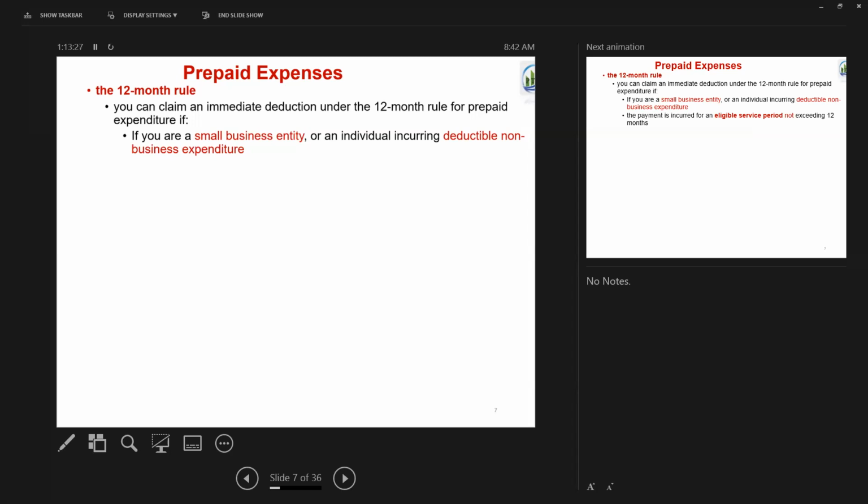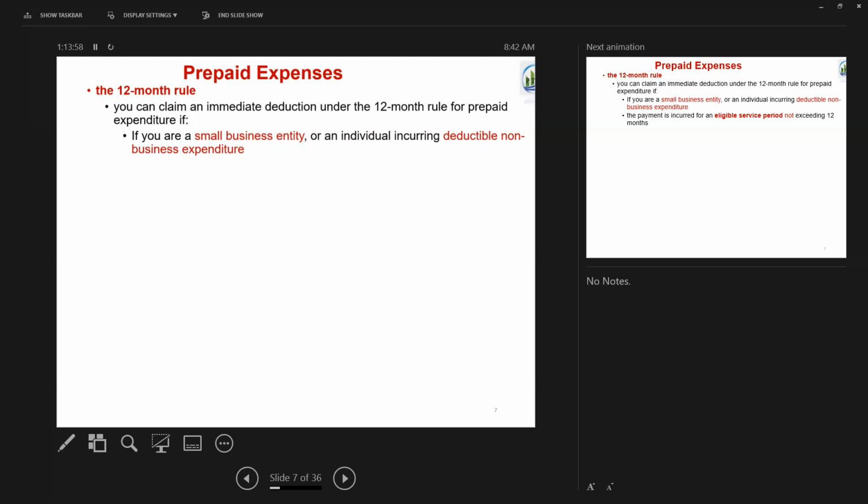Second part, an individual incurring deductible non-business expenditure. Non-business expenditure means you are an employee or you are an investment property owner. What are the expenses deductible? You remember last week we talked about that: your car expenses, your travel expenses, your other work-related expenses, cost of managing tax affairs, all the stuff we talked about last week. That type of expense is called non-business expenditure.